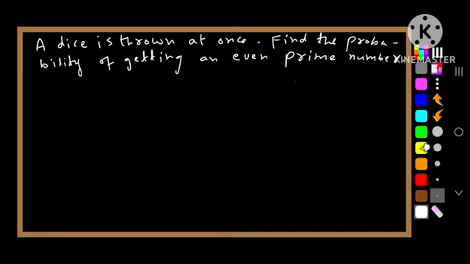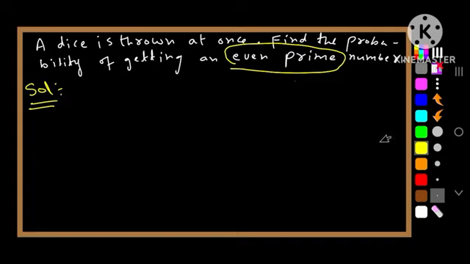Here in this question, you have to find an even prime number. First of all, we need the total number of outcomes and the favorable outcomes. As usual, what are the outcomes?